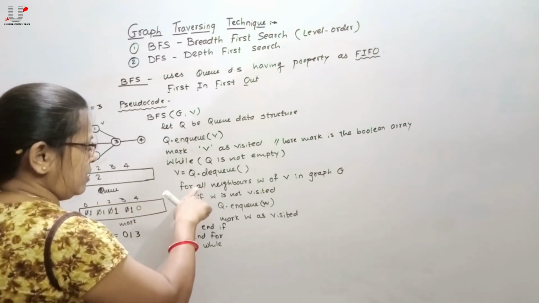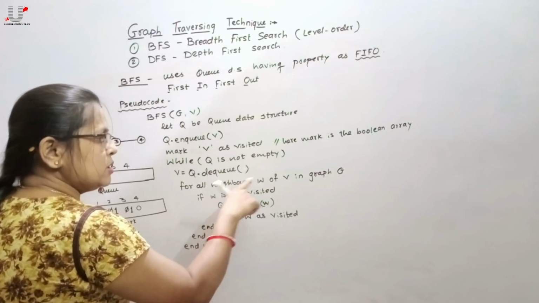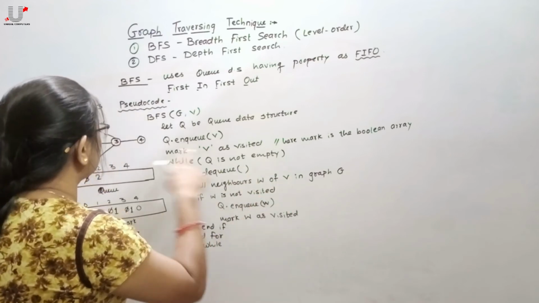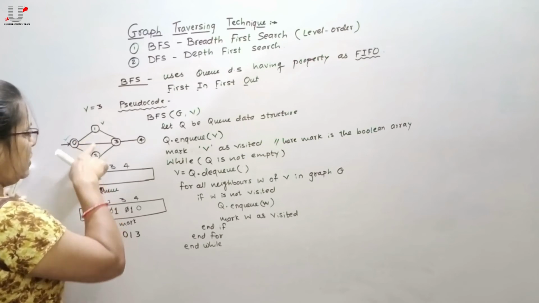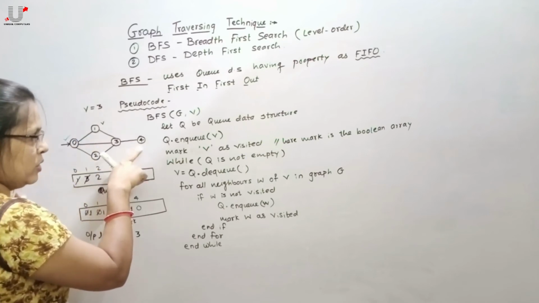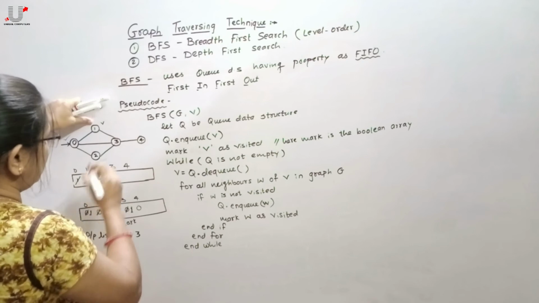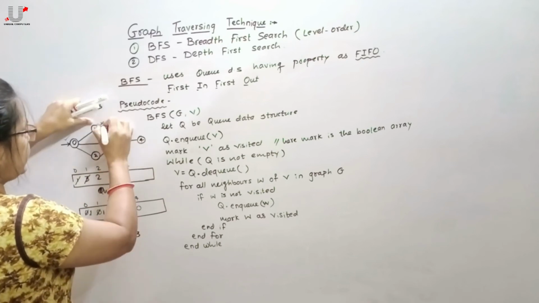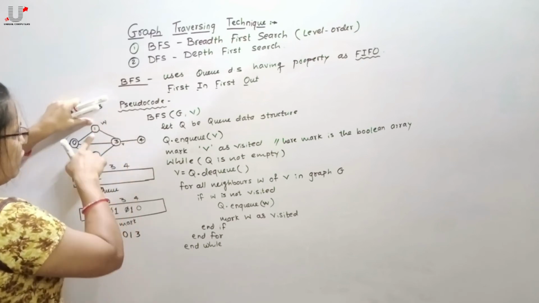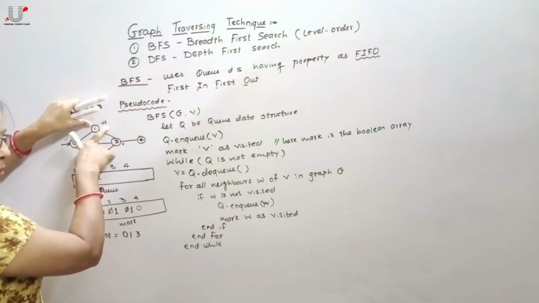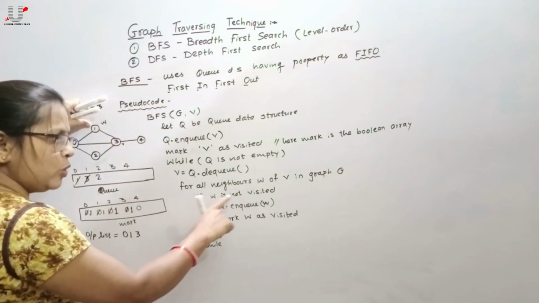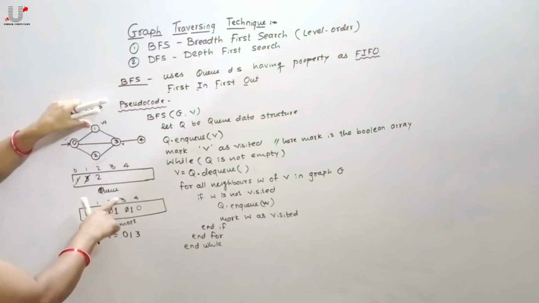Then for all the neighbors of v, the neighbors of v are 0, 1, 2 and 4. First we consider the neighbor of v as 1 and it is stored within w. Then check whether w is not visited, but w, meaning 1, has already been visited, so leave it.